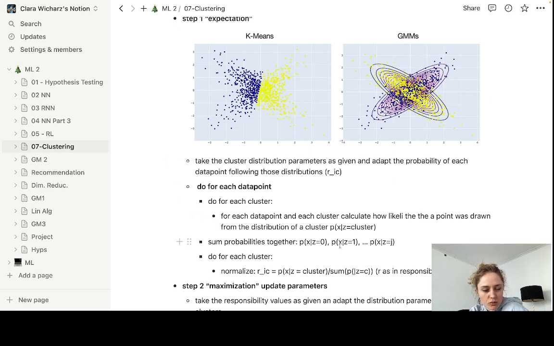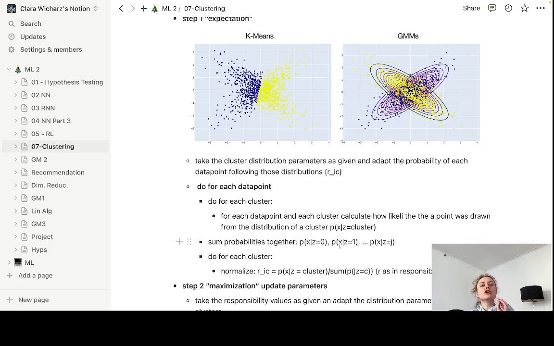So we are almost done, by the way. We have a data point, and at the end we have a probability that it's coming from cluster 1 and from cluster 2, and those values will add up to 1. This is why we did this normalization. So this was the first step, expectation.